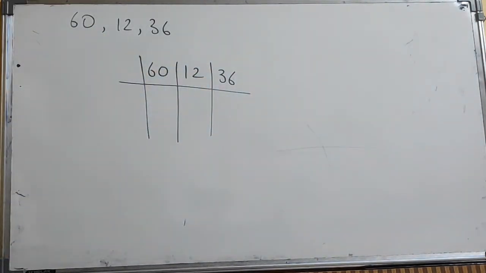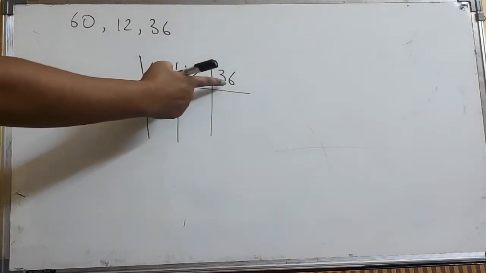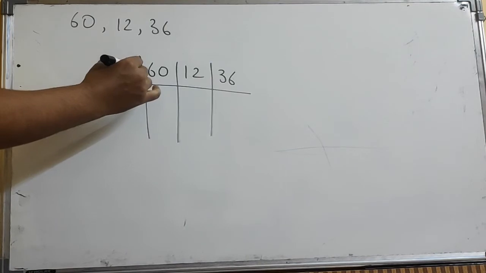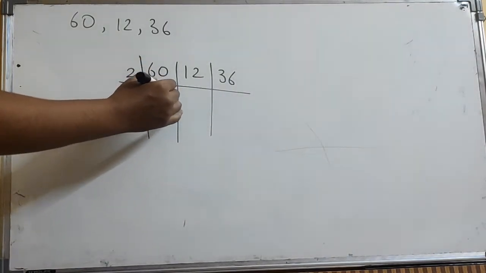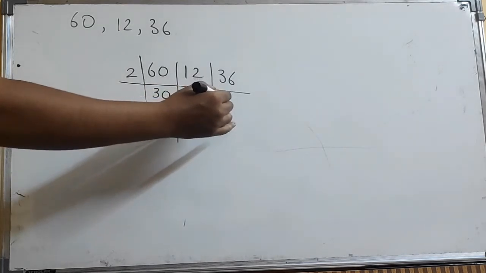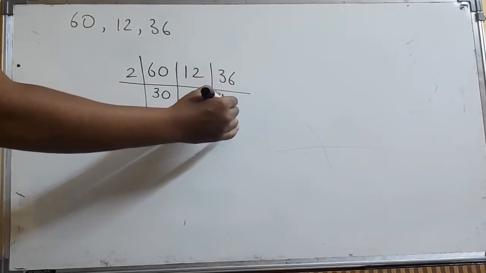So the first step is find a factor which can completely divide all these three numbers. So the smallest prime factor which we are going to check is 2. So 60 can be divided by 2, 12 can be divided by 2, and 36 can be divided by 2. So I've got 2. So 60 becomes 30, 12 becomes 6, and 36 becomes 18.